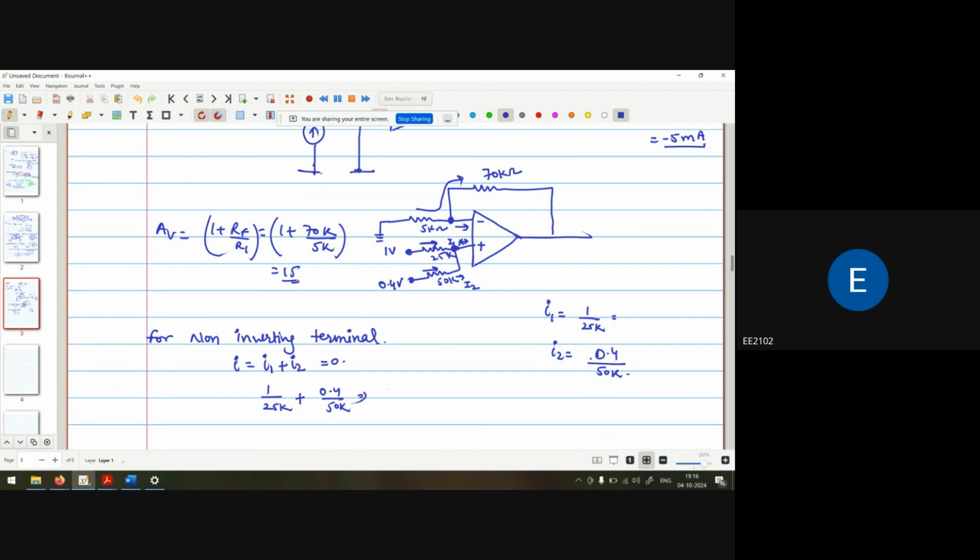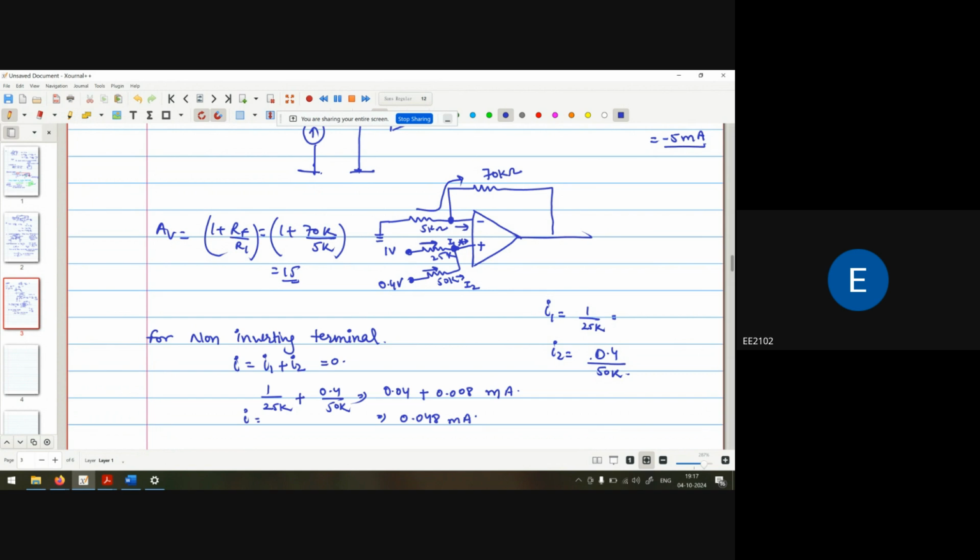That is 1 upon 25 is 0.04 plus 4 upon 50, 0.008 milliampere. That is 0.048 milliampere. That is the value of current.